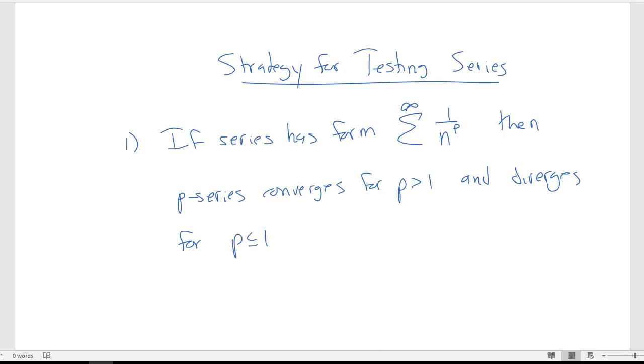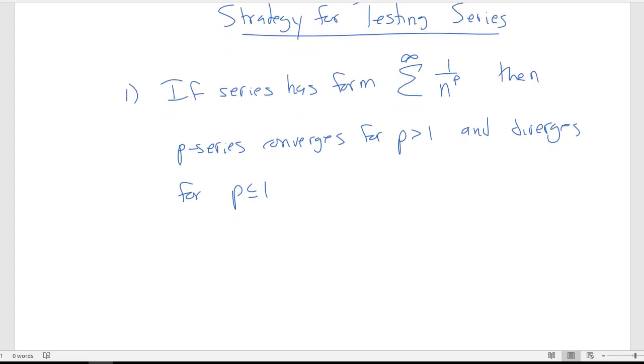Now, in most cases, we don't have an exact p-series, and we talked about the comparison test or the limit comparison test. So I'm going to put a little note here, number 2. If the series is an expression, and actually it doesn't even necessarily have to be a ratio, it could be just a polynomial term.